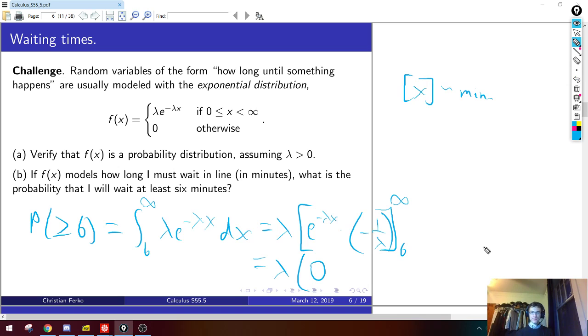E to the negative lambda times 6 times negative 1 over lambda. Yeah, so we subtract the value at the lower endpoint. So we're subtracting something times minus 1 over lambda, but those two minuses combine to give us a plus. And then it cancels very nicely because there's a lambda outside, which cancels with the 1 over lambda downstairs. So overall, it's just e to the minus 6 lambda.